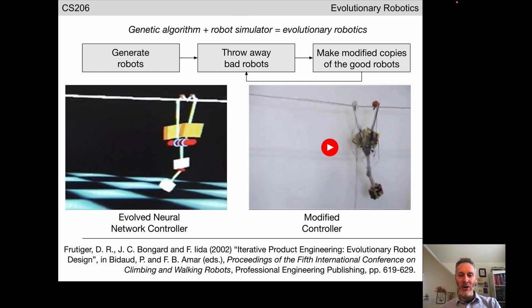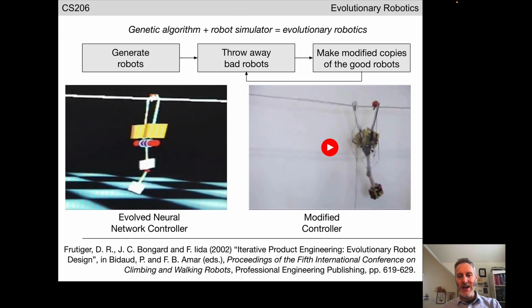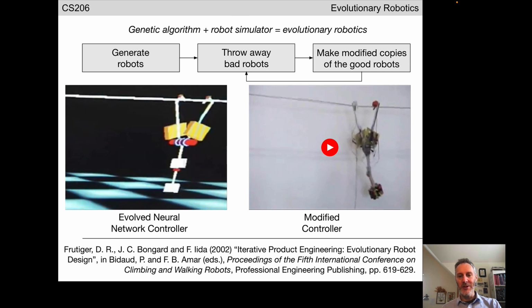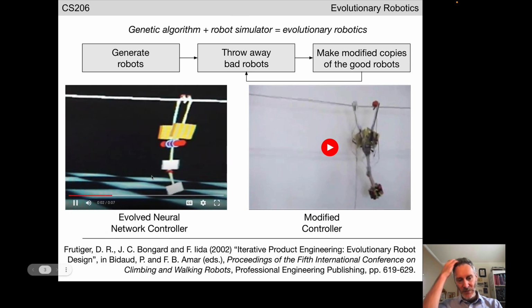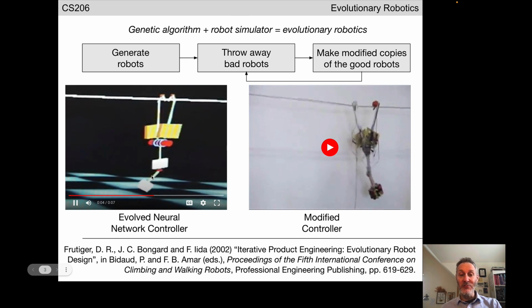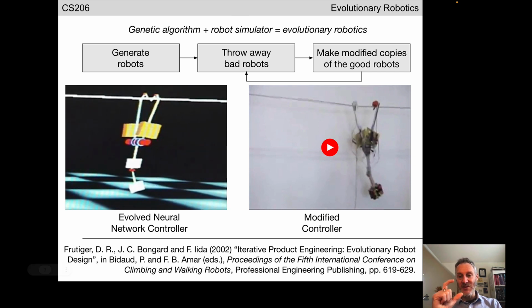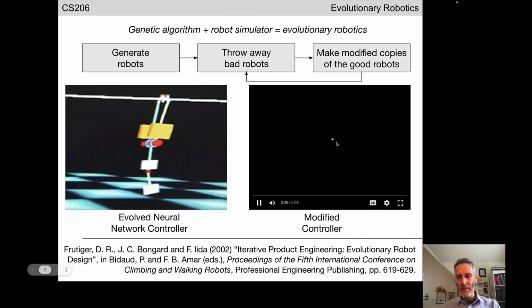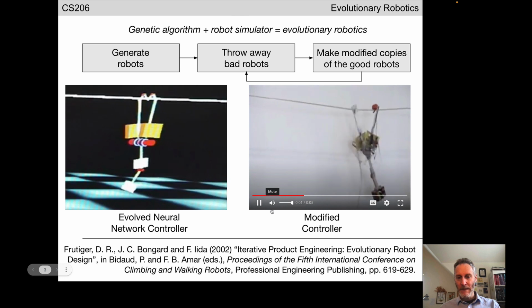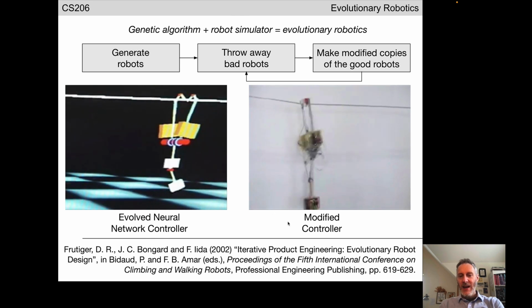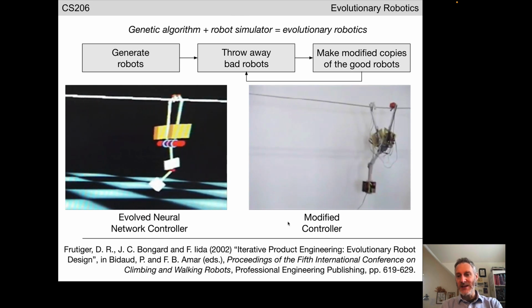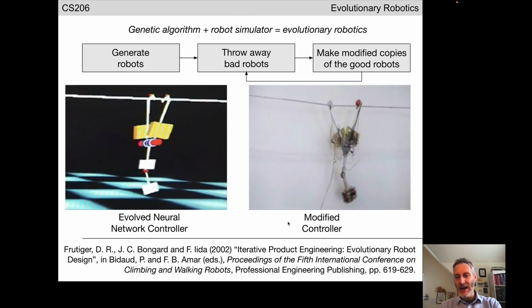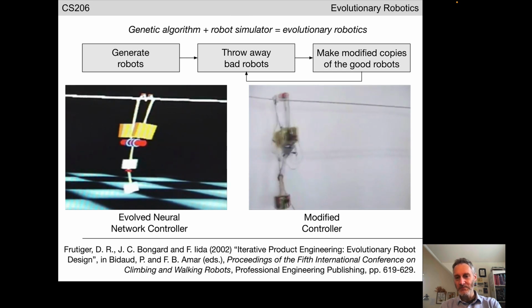This robot has evolved the ability to use the momentum of the swinging weight to move itself forward along the beam. We took this particular evolved neural network, this set of synaptic weights that transforms the sensory values for this robot into motor actions. And again, it's not perfect, but does a pretty good job at solving the task.